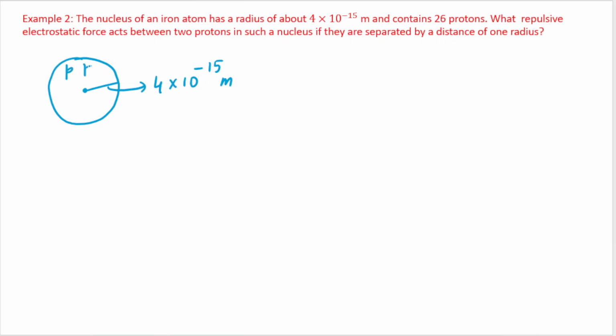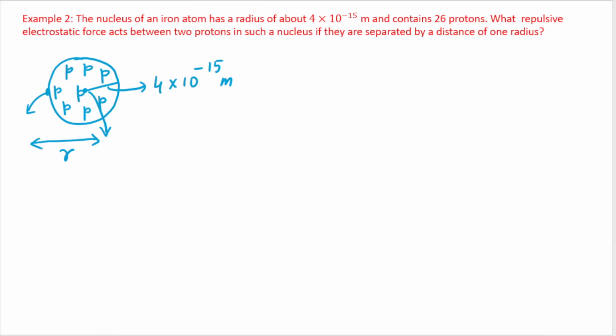There are 26 protons. Since protons are positively charged, there is a force of repulsion between them. And we are asked to find this force of repulsion. Let's say one proton is here and another proton is at the center of this sphere. And the distance between these two protons is equal to r.